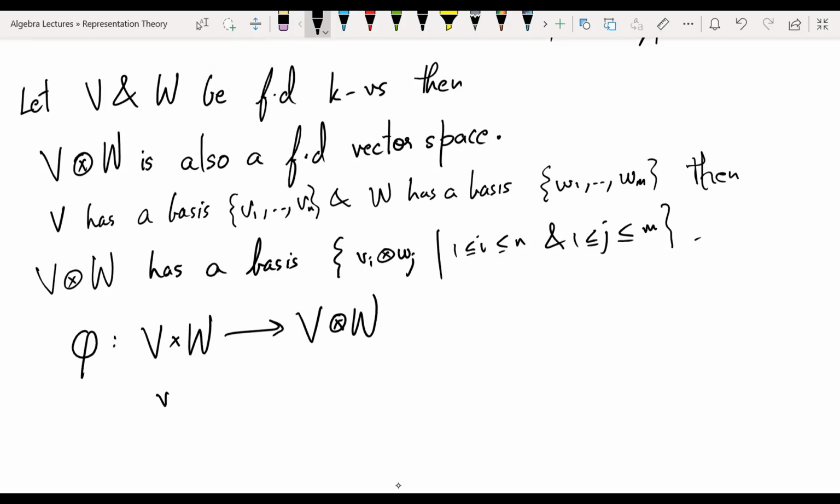When someone writes Vi tensor Wj, the notation is: phi of V comma W, an element of V tensor W, is denoted by V tensor W. So little V tensor little W is basically the image of this bilinear map.